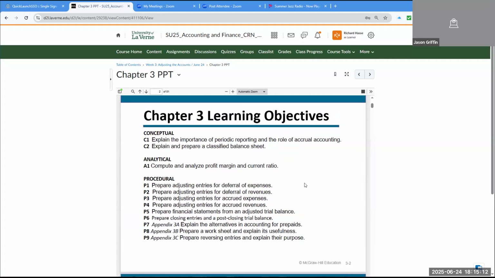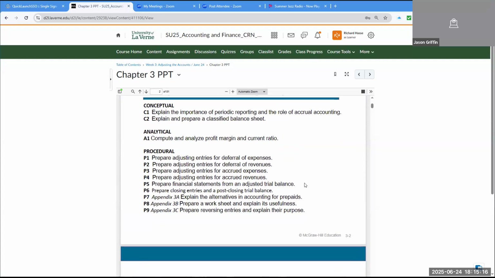Professor Hassey? Yes, sir. Good question, because I saw something and it was bothering me, and I just want to put a pin in there so maybe you can touch on it when we get to that section. I was looking at the section on depreciation, and I had a question about how depreciation is factored in when something was purchased on credit.